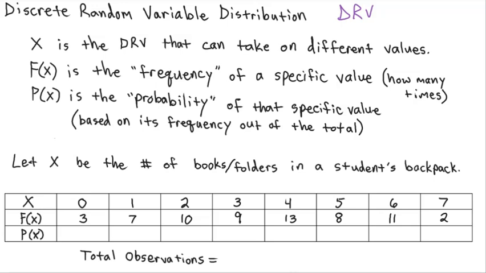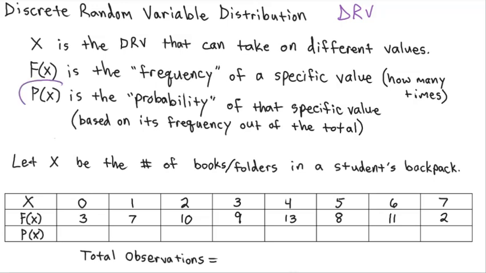So 3 students had 0 books. 7 students had 1 book in their backpack. 10 students had 2 books in their backpack. 9 students had 3 books in their backpack. Okay? So f of x is the frequency, how many times x came up in a sample, okay?